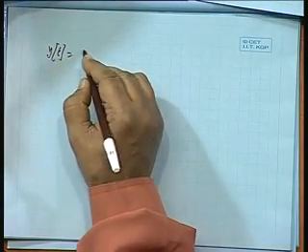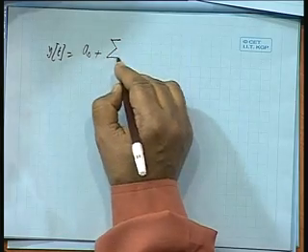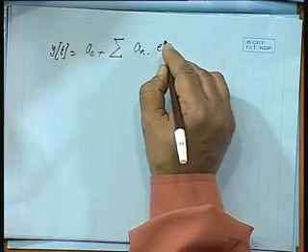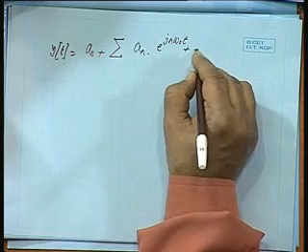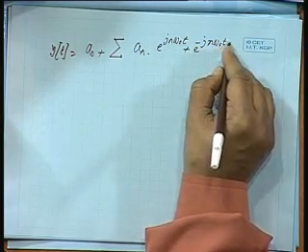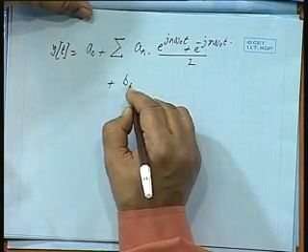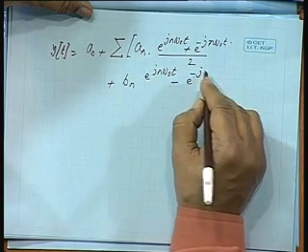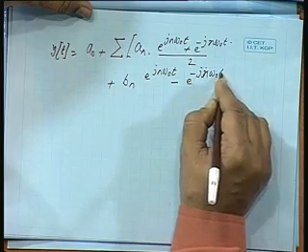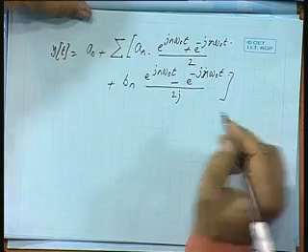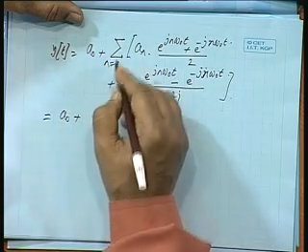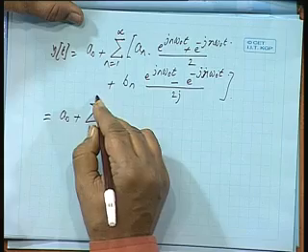If we express the sine and cosine functions in terms of exponential functions and substitute here, what we get is y(t) as a0 plus an for cosine, for which I substitute e to the power j n omega naught t plus e to the power minus j n omega naught t, by 2, plus bn into e to the power j n omega naught t minus e to the power minus j n omega naught t, divided by 2j.